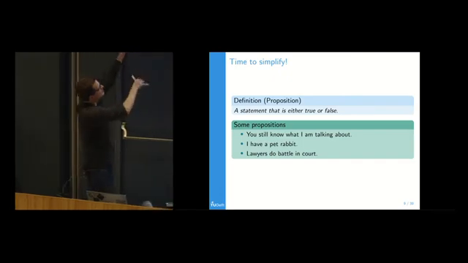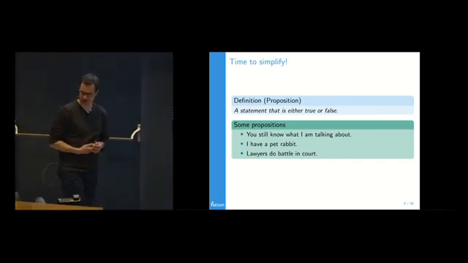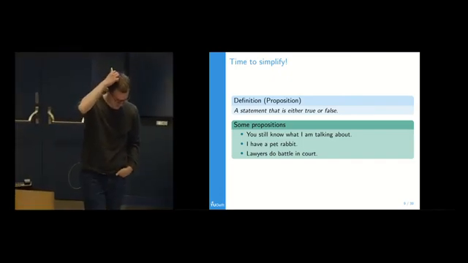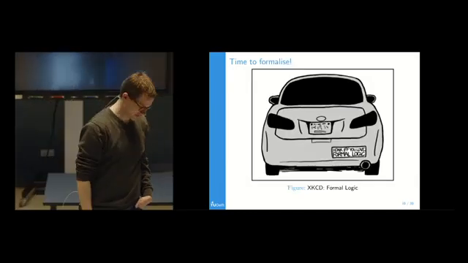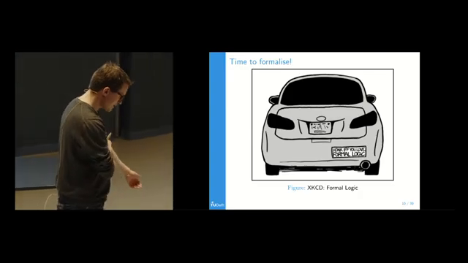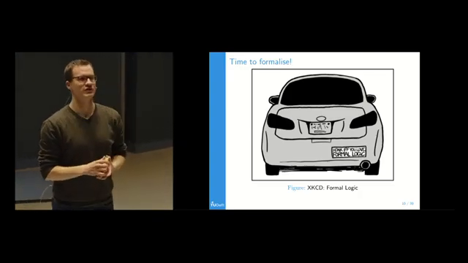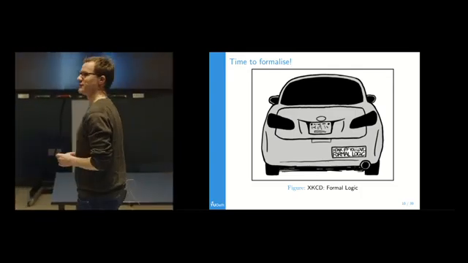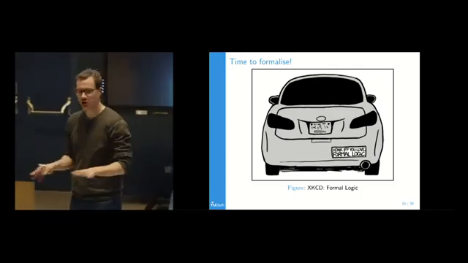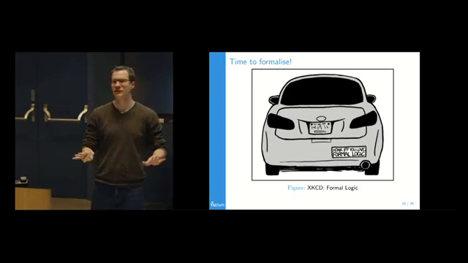But these propositions, in the form of an English sentence, I don't like them much. I want to formalize them a little bit. And this is also where I have a small confession to make. You see, I'm not a huge fan of the English language. Now, don't get me wrong, I like Dutch even less.